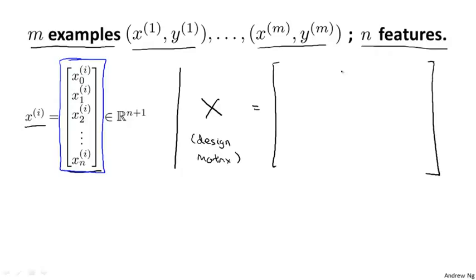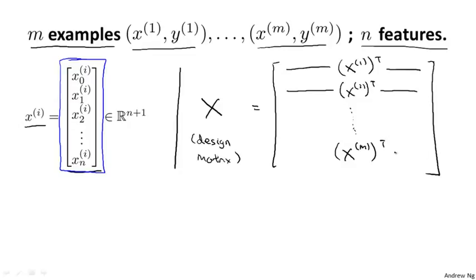I take the first training example, a vector, take its transpose so it ends up being this long flat thing, and make x1 transpose the first row of my design matrix X. Then I take my second training example, x2, take its transpose, and put that as the second row of X, and so on, down until my last training example, whose transpose is the last row of my matrix X. So this makes my matrix X an m by n plus 1 dimensional matrix.